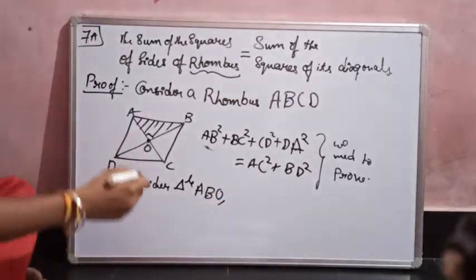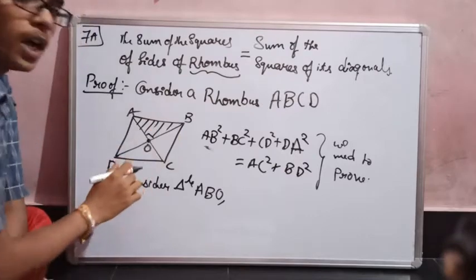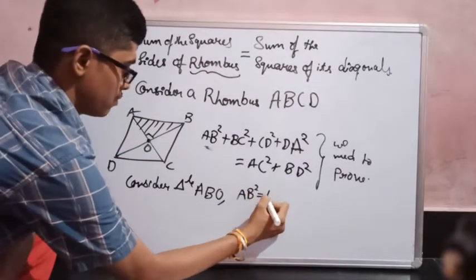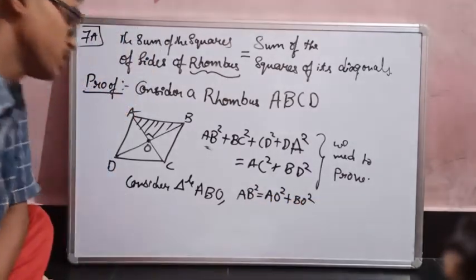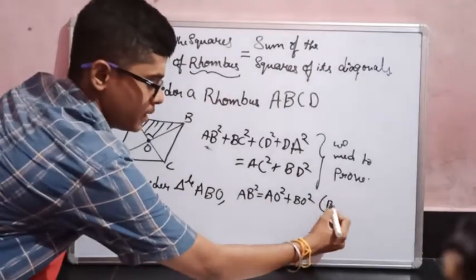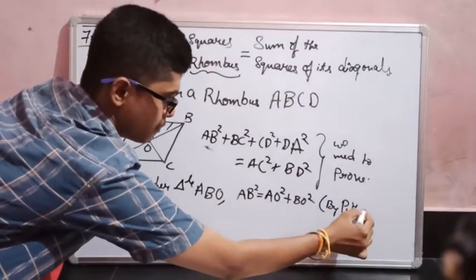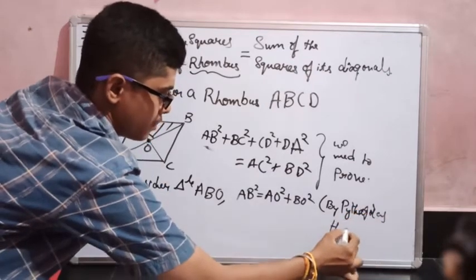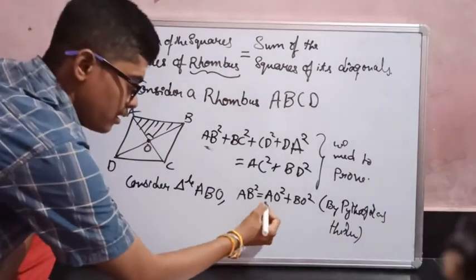In this triangle, the hypotenuse is AB and the two sides are AO as well as BO. AB square is equal to AO square plus BO square, by the Pythagoras theorem.